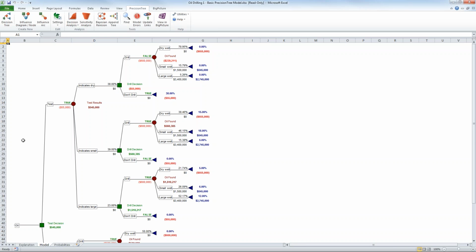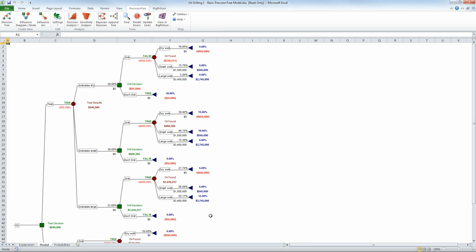Decision trees essentially provide a formal structure, like you see here, in which decisions and chance events are linked in sequence from left to right. And that's where the major difference is going to be. Two major differences between PrecisionTree and BigPicture. You can create this sort of tree, this diagram looking thing, in BigPicture.